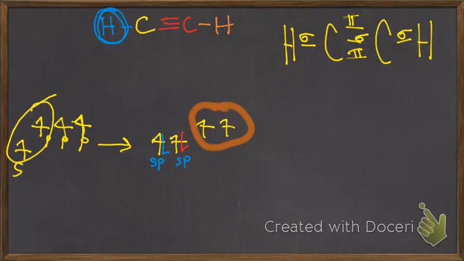So that's how we get a triple bond. And just notice for the red colored carbon, its hydrogen is going to be bound to its own sp. This one's really difficult to draw, but I will attempt. I can't guarantee it's going to be color-coded whatsoever.